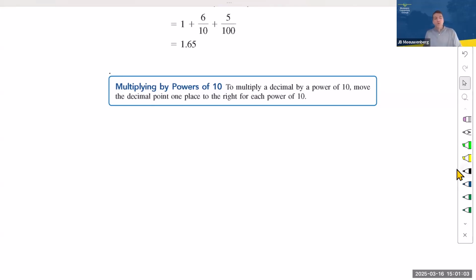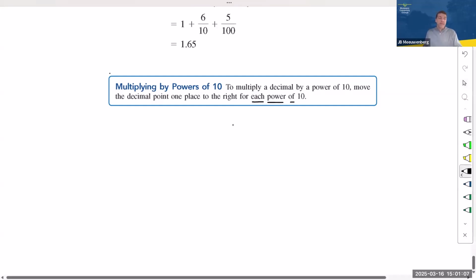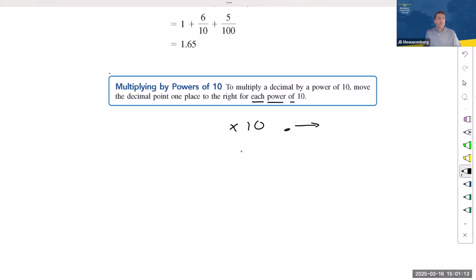But you move the decimal one place for each power of 10. Meaning, if you're multiplying by 10, you move the decimal point one place to the right. If you're multiplying by 100, well, that is 10 to the second power. So you would move the decimal point two places to the right. If you're multiplying by 1,000, which is 10 to the third, you would move that decimal point three places to the right, and so on.